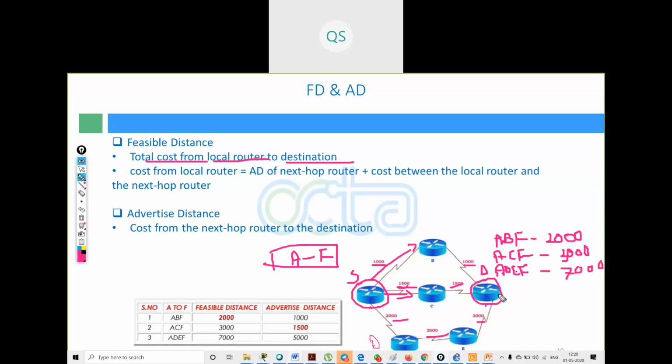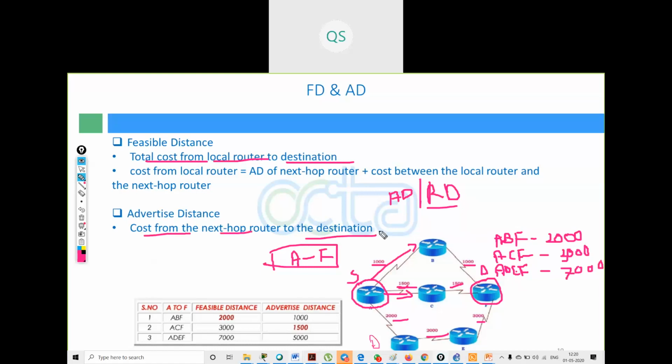Now, what is advertised distance? AD, advertised distance, or you can say reported distance, RD. It is the cost from the next hop router to the destination.